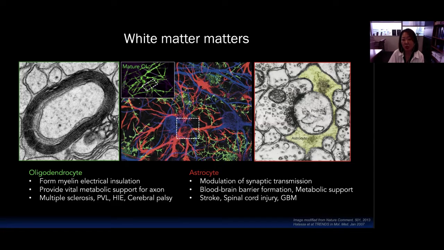Also, which I didn't show here, astrocyte endfeet structures interact with endothelial cells to form the blood-brain barrier, so they are very important for metabolic support. When there's an injury environment or disease condition, the astrocyte becomes very reactive, morphologically bigger, and has a lot of dual functions.